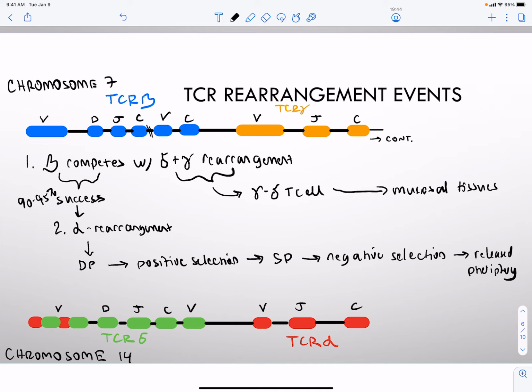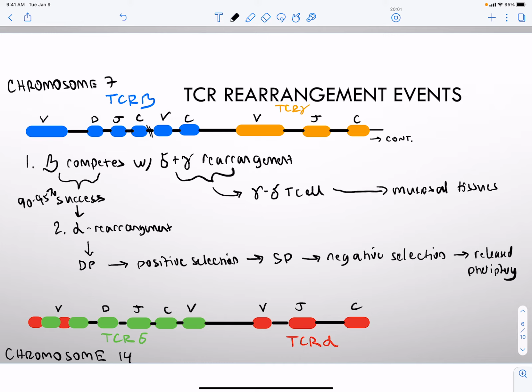Again, this is showing that chromosome 7 has both the beta and the gamma rearranging, so they're going to compete and rearrange at the same time. Chromosome 14 has the delta and the alpha chains, and there is overlap between the delta and alpha chains.